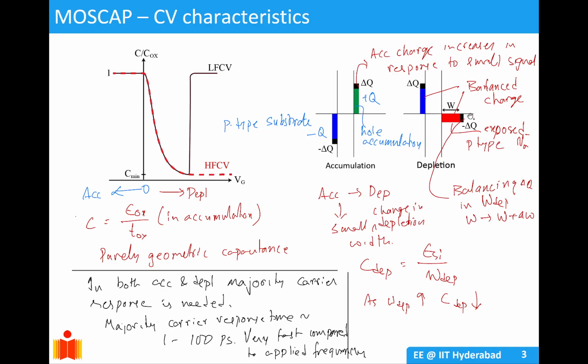With respect to the small AC signal, your depletion width changes to balance it. On the metal side, you will still have a change in the charges, but on the semiconductor side, the charge at each point in the depletion region remains the same, while the edge of the depletion region moves to respond to the difference in charges, and that is how it balances the charges.